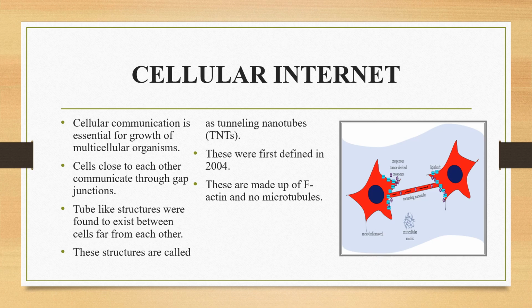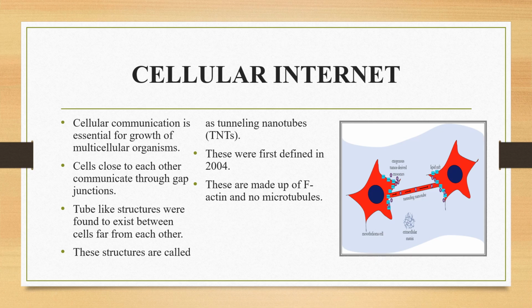Cells close to each other, or you can say the neighboring cells, interact through gap junctions. And the cells which are far from each other communicate through tunneling nanotubes.